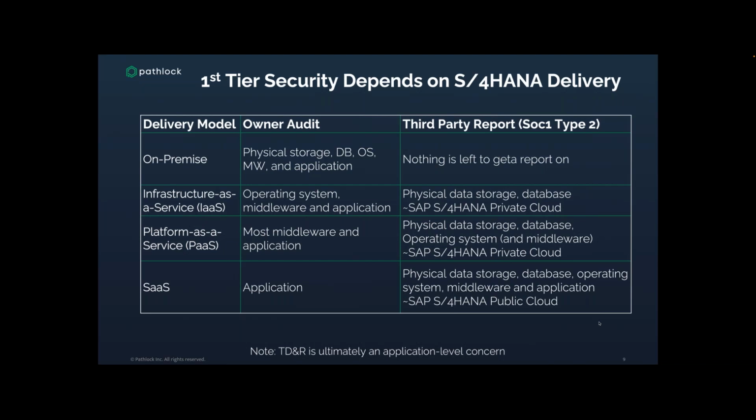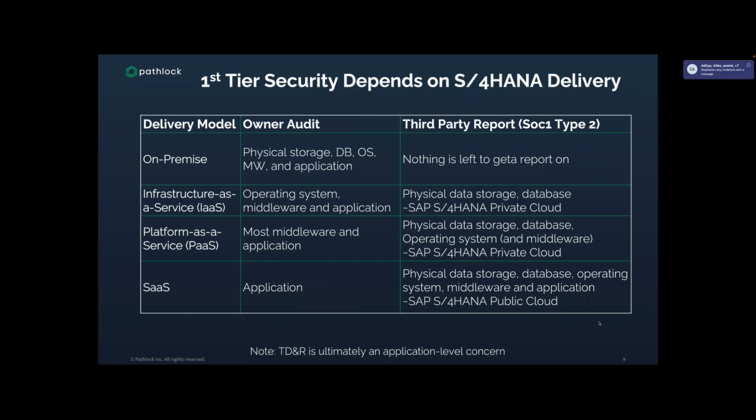However, as you start to look at S/4HANA and the cloud, you begin to not own some of the underlying resources that are part of your vendor's delivery. And now you begin to rely on SOC 1 audits.